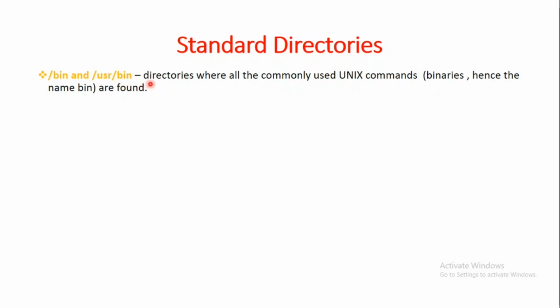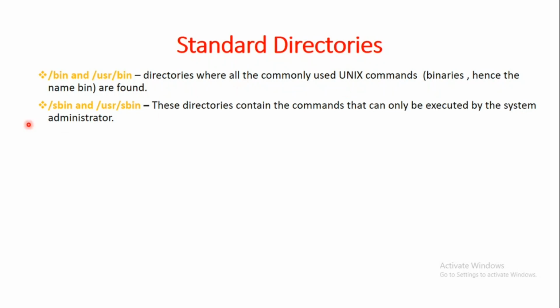And as previously said, these are the directories which contain commonly used Unix commands. So all the external commands are stored here, right? Okay. So we'll see the next one, sbin, or sbin under the user directory. These are the directories that contain commands that can be executed only by the system admin, okay. etc. So etc is a directory under the root directory.